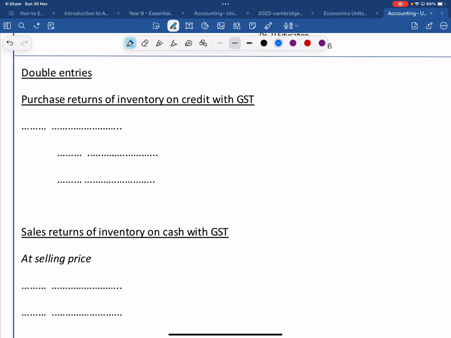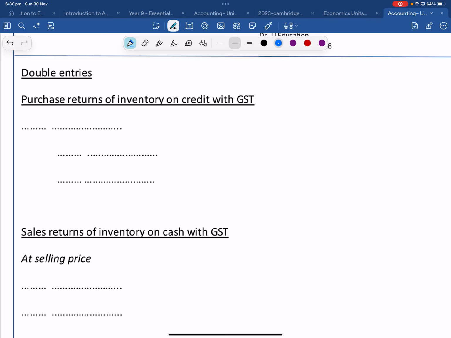Can you recall the double entry for purchase of inventory on credit? Inventory debit, GST clearing debit, and accounts payable credit. Is that correct?